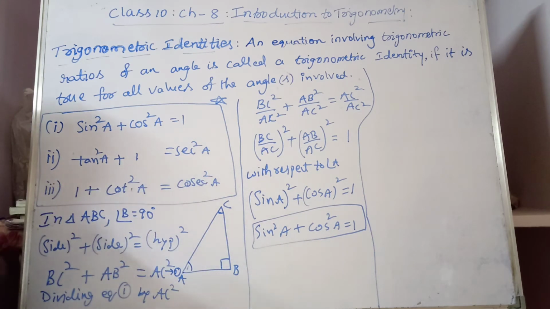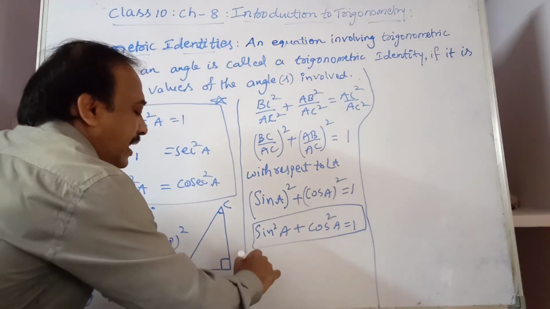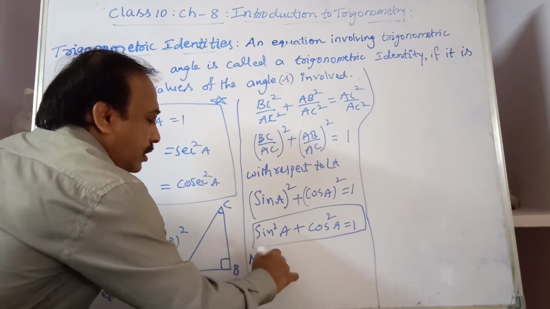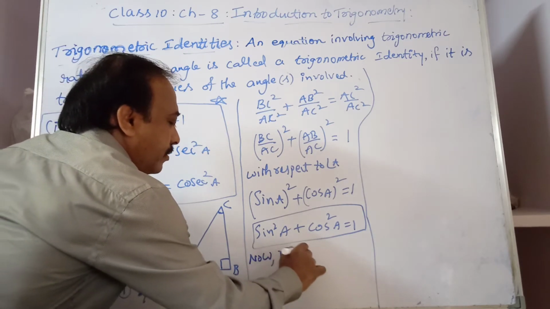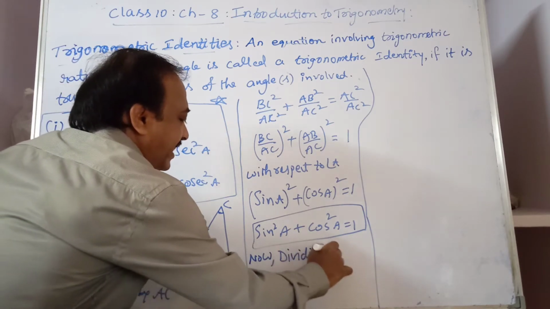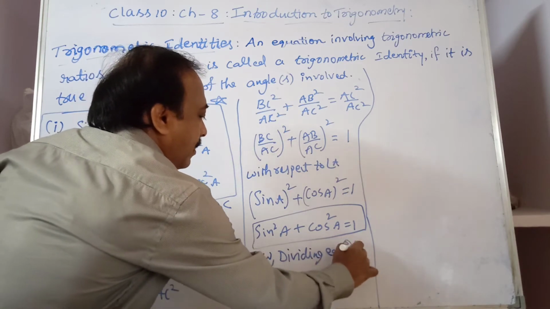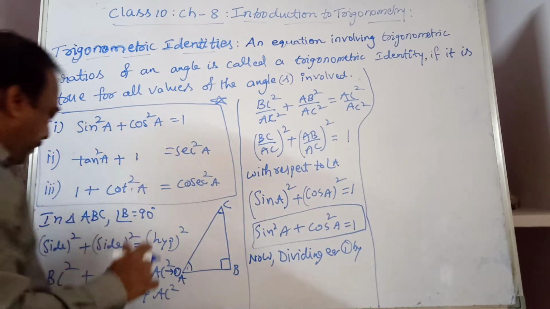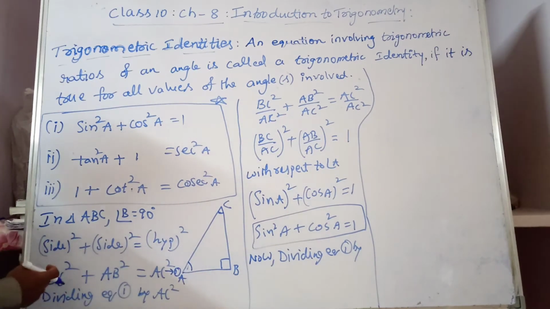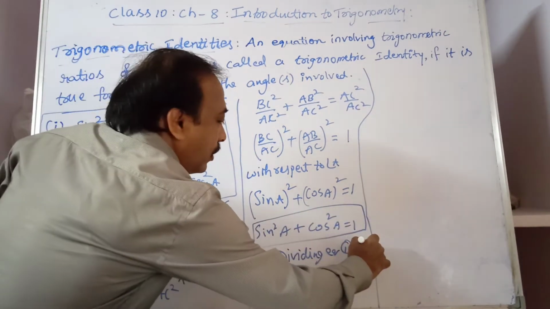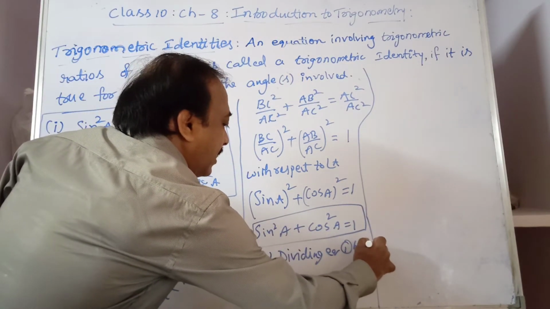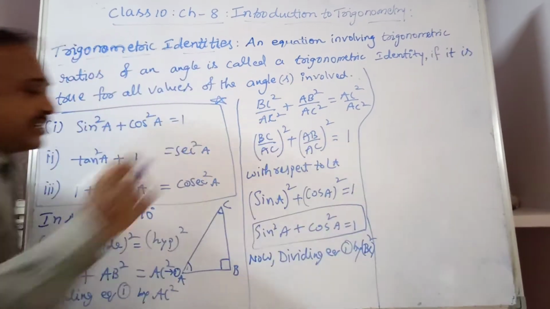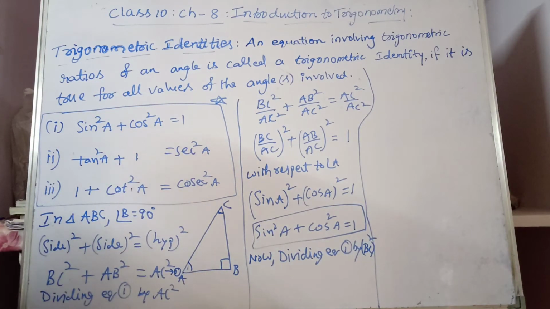So what I am doing now? Dividing equation 1 by BC square. The whole equation I am dividing with the BC square. Observe it. What is the first equation we have?